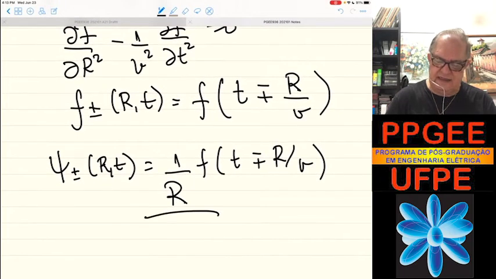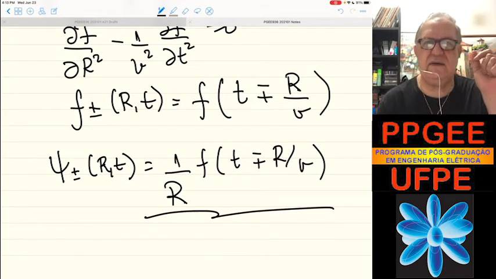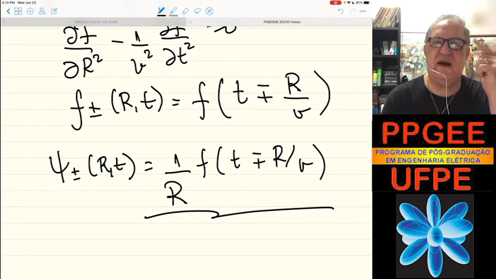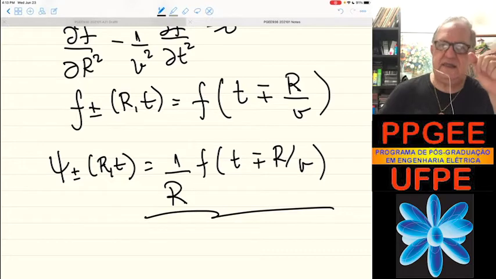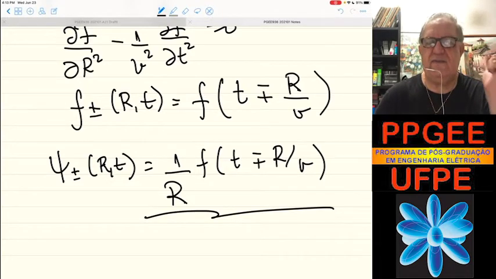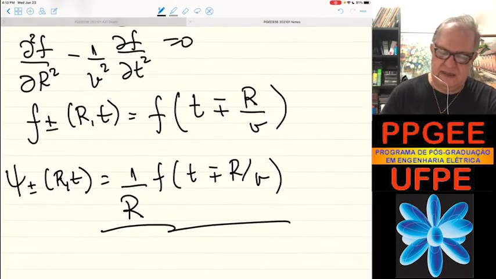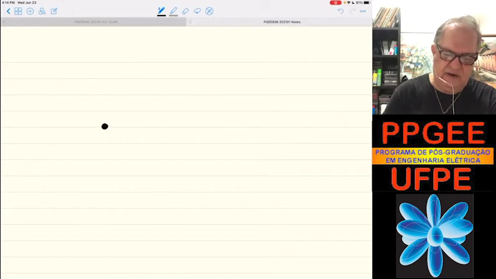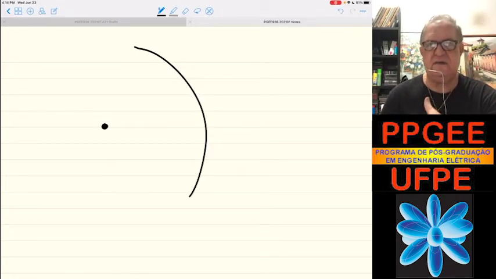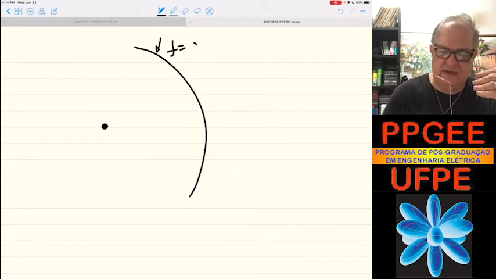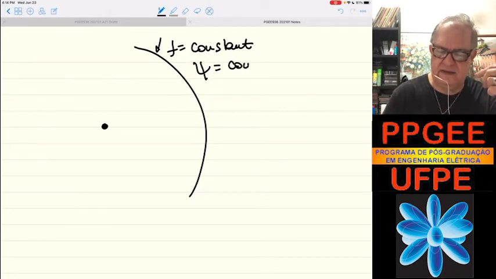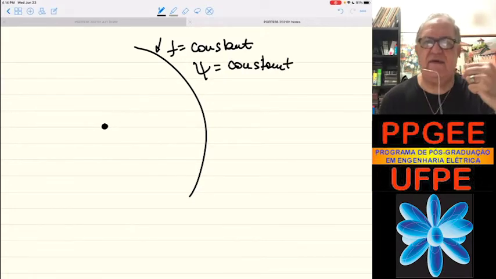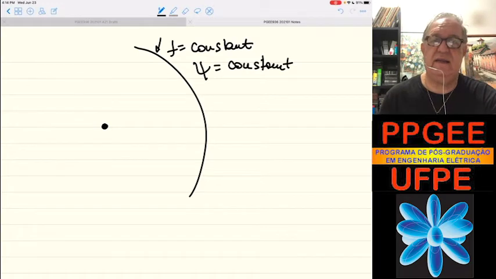So in spherical coordinates, a function that has a 1 over r dependence is called a spherical wave. Why? Well, because for a constant r, the amplitude is constant. So that's the origin. If I have a sphere, f is a constant, and also psi is a constant. For a spherical wave, the potential and the fields decrease.